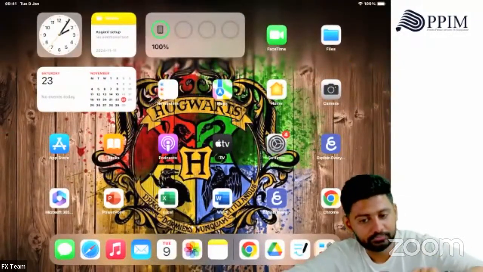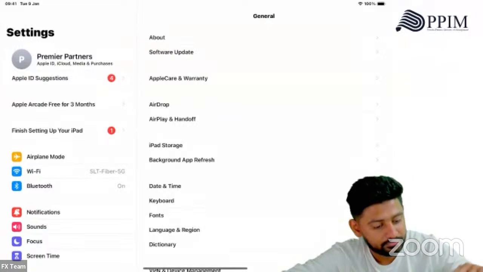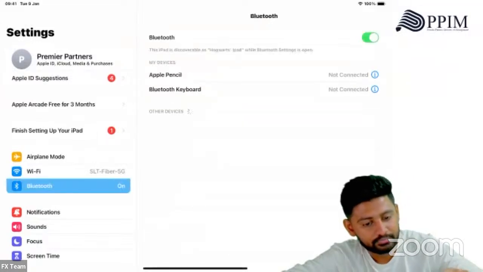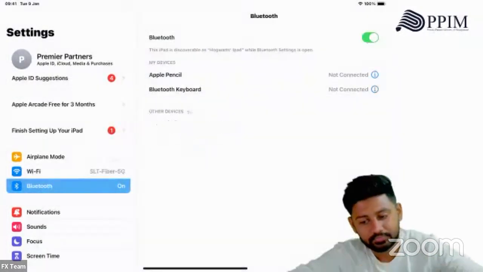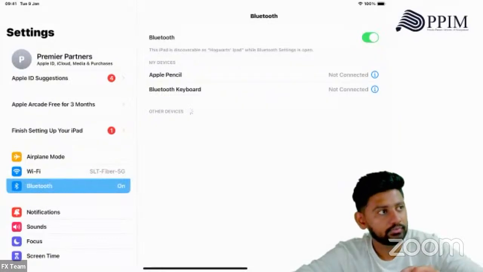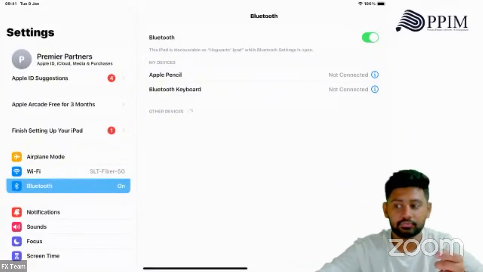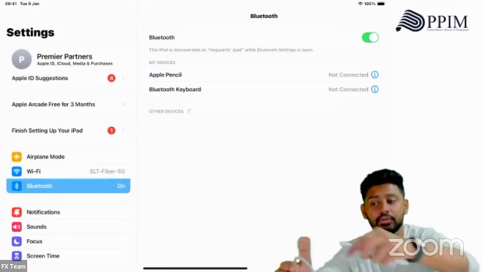Will it connect? Connect it, no? Yeah, okay. No. From here you have to give it to me.